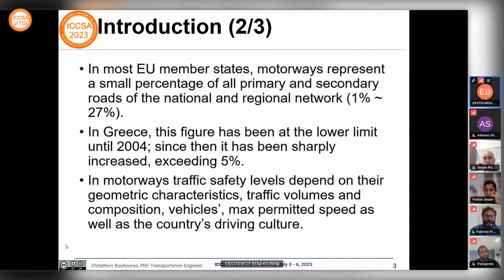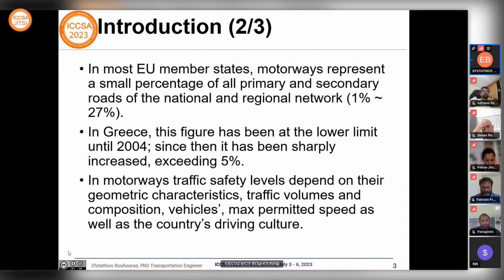In most European member states, motorways represent a small percentage of the network, as you can understand, because they are expensive to construct and connect large cities or areas, compared with the primary and secondary roads of the national and regional networks. For us in Greece, that figure was at the lower limit until 2004, the Olympics, and since then we have had many projects increasing that percentage with new motorways.